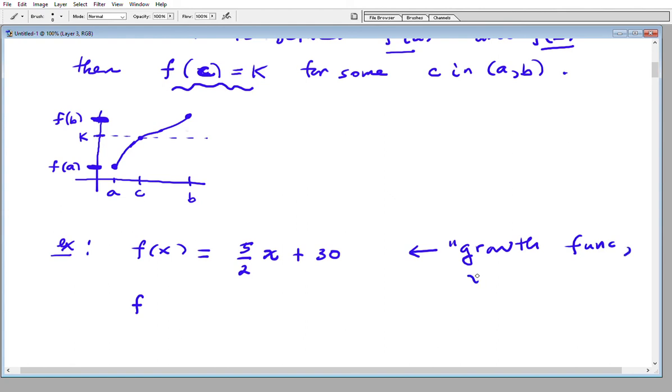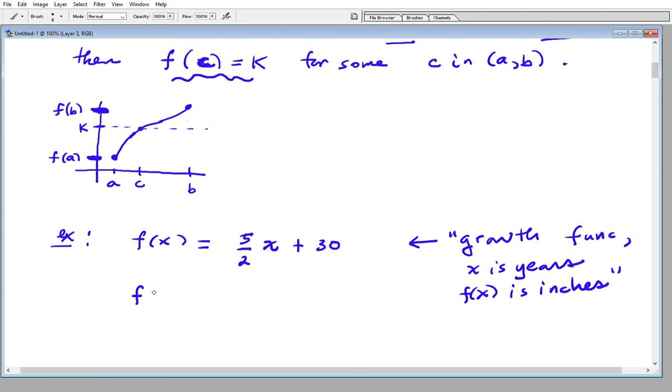Okay, x is years, and f of x is inches. All right. So let's say at 8 years, how tall is this child? So let's see. Let's just divide here, 2 into 8. So we have 20 plus 30, 50 inches.